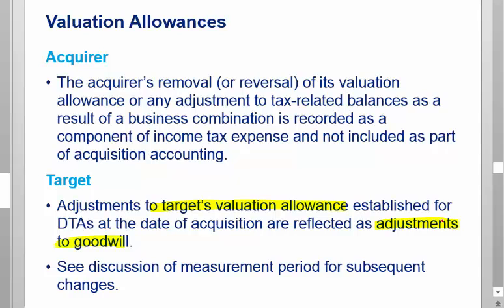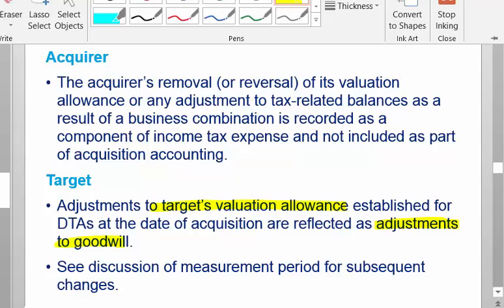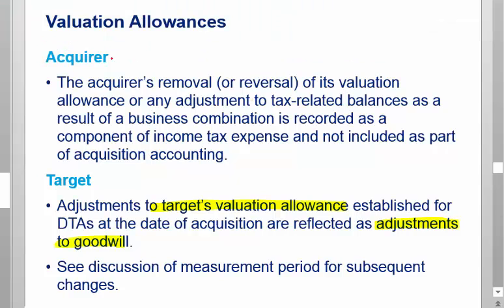However, let's say the buyer is a loser. So the acquirer is a loser, but the target has DTLs. Okay? So let's say, back to my original example, I had a good idea and it was worth a lot. Books measured it at fair value, but there's no tax basis.